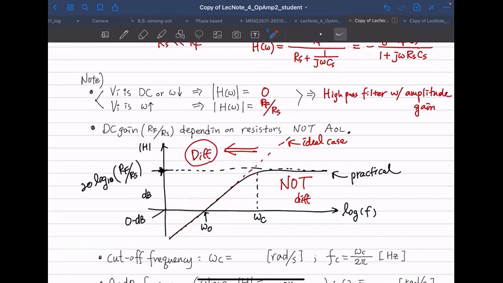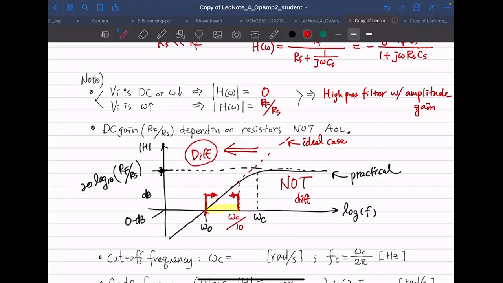And if you had the luxury of choosing the frequency, then I would go 10 times lower than the cutoff. So the cutoff divided by 10, that's where I would like to use. And I would like to go above my 0 dB. So this would be the frequency range that would be the best you want to use for differentiation.